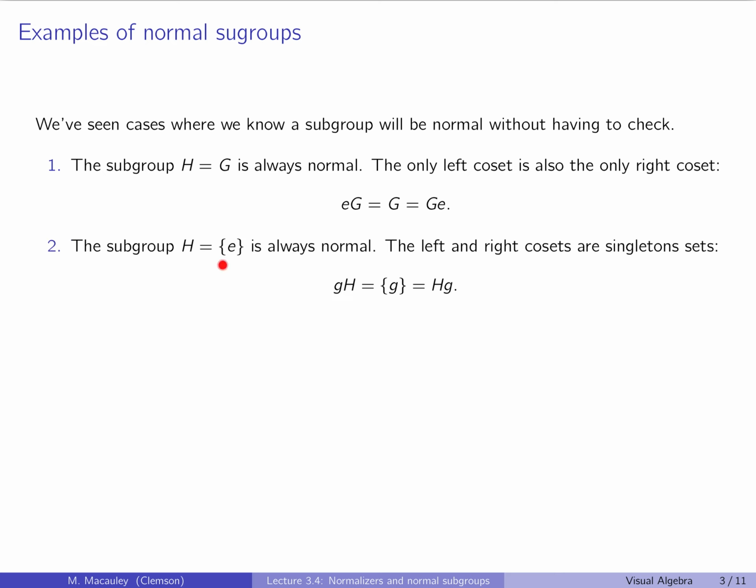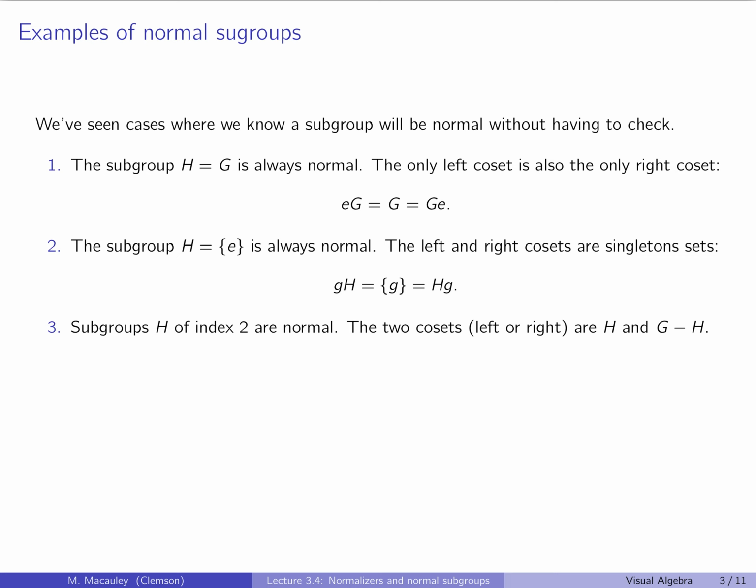The trivial subgroup is always normal because the left coset and right coset of any representative are just singleton sets. So gH is just g times the identity, which is the same as the identity times g.